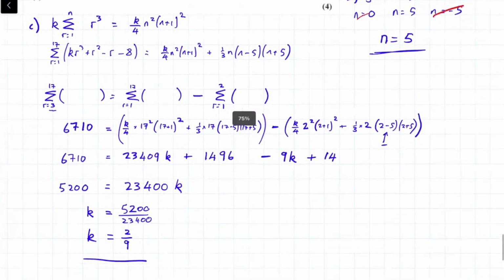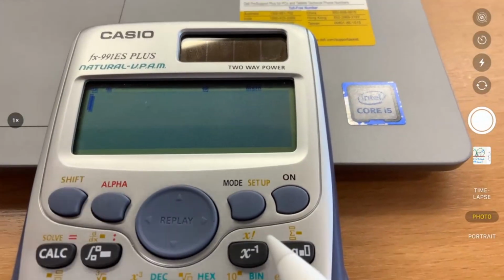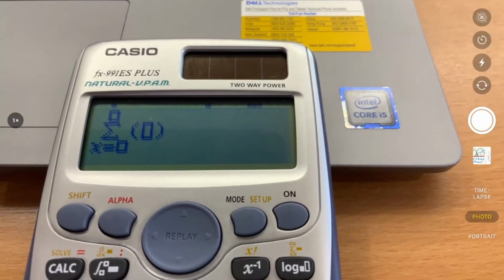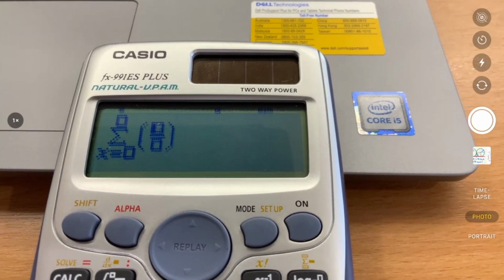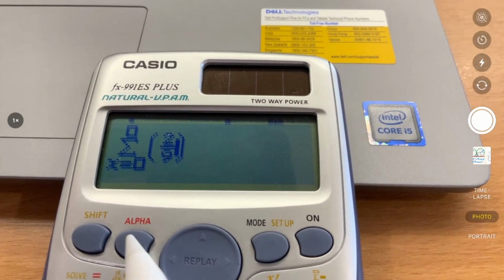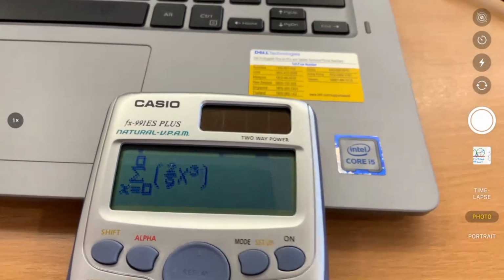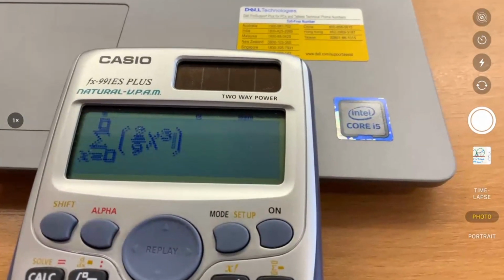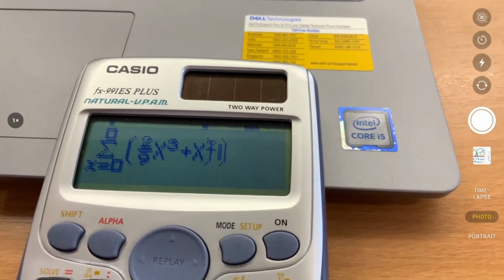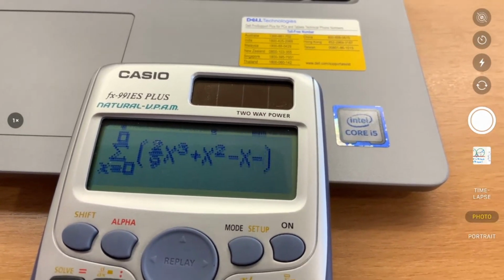And as before, once we've got our answer, it's always worth using the calculator, if you can, to check this. If we think it's 2/9, then let's do this. We think it's 2/9 times x cubed. Okay. We had plus x squared minus x minus 8.